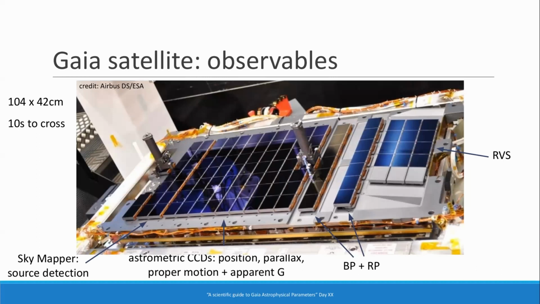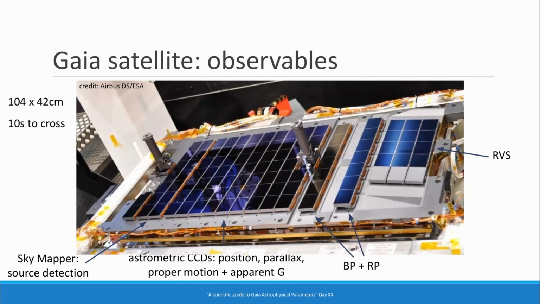And so what happens here is, because of the Gaia satellite spinning, a source, so a star or a galaxy or whatever, enters on the focal plane on the left, and then it crosses the focal plane towards the right. And given the size of the focal plane and the spinning period, it takes the star roughly 10 seconds to cross this focal plane from left to the right.